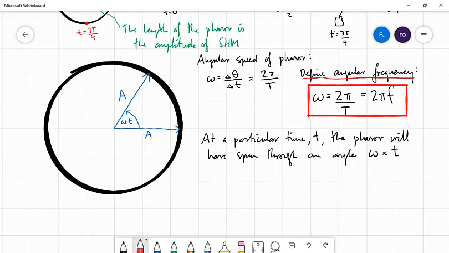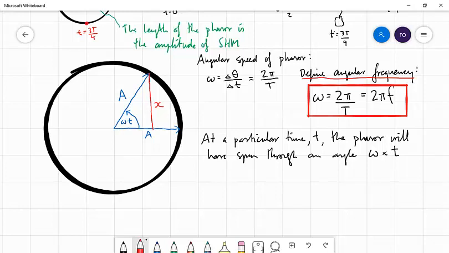and its current position, x, so its displacement from equilibrium, that's just the distance between the tip of the arrow and the horizontal line going through the middle of our phasor diagram. So this distance here is x. So now we can write an equation for x in terms of the amplitude and the time that's passed. So we have the opposite side of the triangle here, and the hypotenuse here, so we're going to use O and H, that's sine.